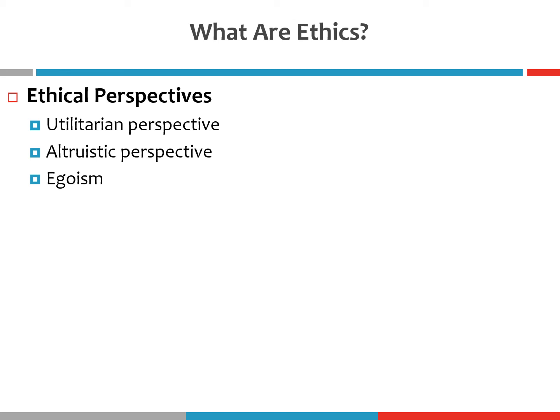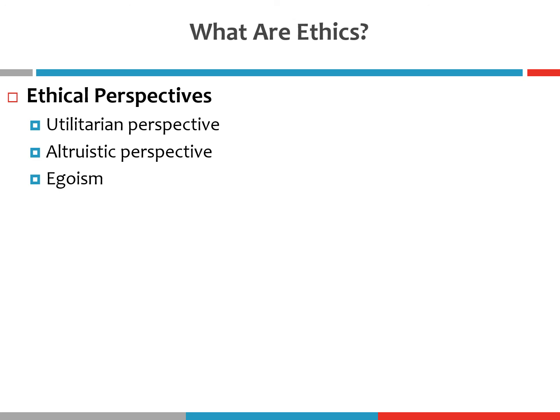It just states that individuals should act in accordance with their own self-interest. So depending upon which cost is greater, the cost to one's academic career or the loss of a friendship, probably the former, a person who subscribes to an egoist perspective would probably choose to speak up and save their own grade.